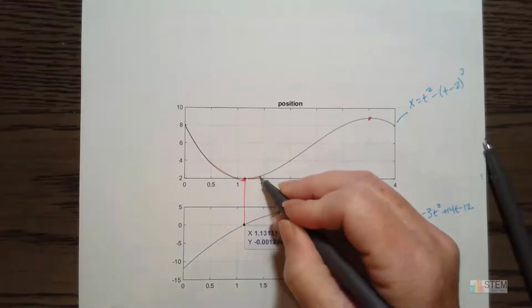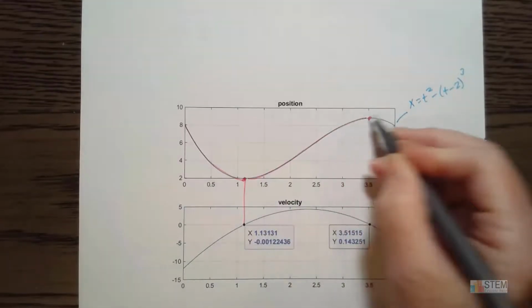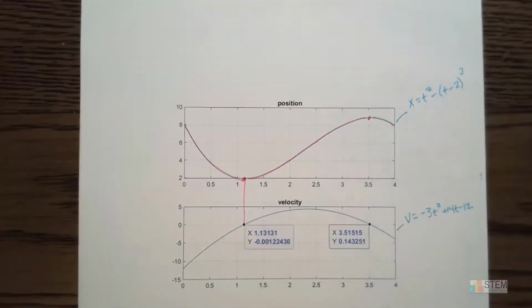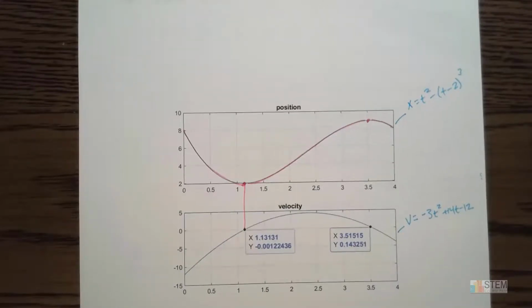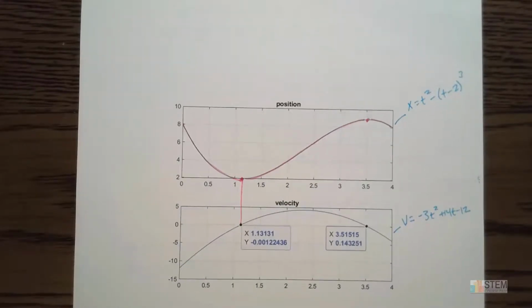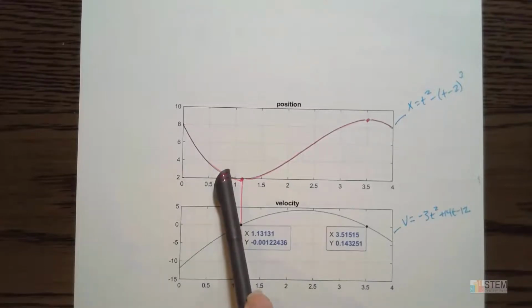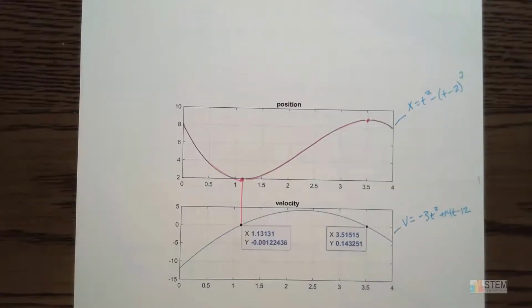We need to find this distance, and then this distance. And then we add those up, and that will give us the total distance traveled as we go from 0 to 4. Okay? So I think it's easier to kind of see that plot so you can visualize what's happening there with that path. Okay, so let's do that. So let's look at this one first, then we'll do that, and then that, and add them up.